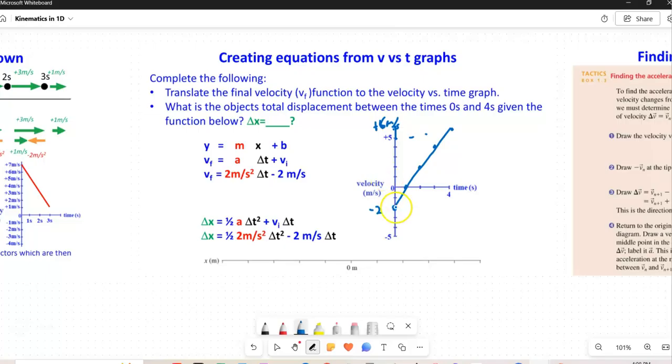So after the first second, we came to a stop. And then what happened? Sorry, I'm going to redo a couple things here. I'm going to make these letters black. So this is positive 6 meters per second. And that is your final velocity at the 4-second mark.